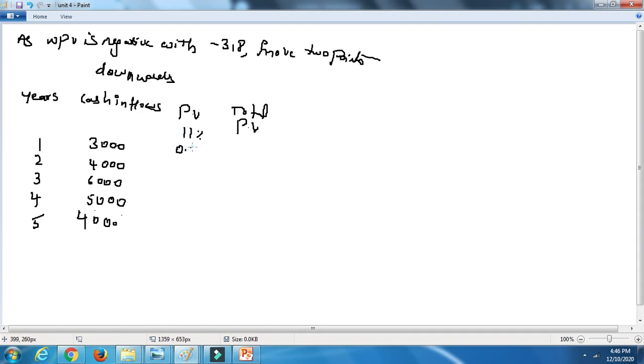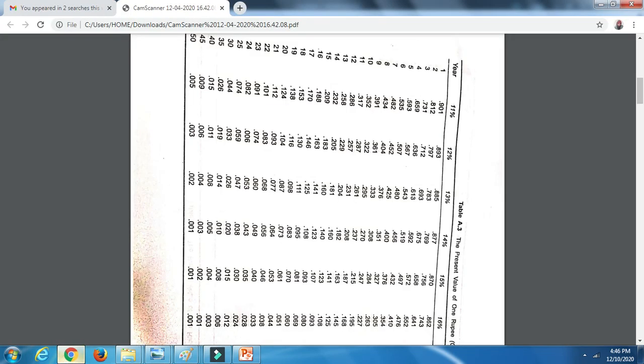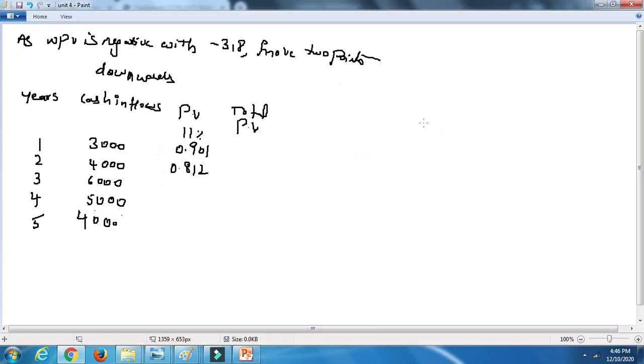You are going to get 0.901, 0.812, 0.731, 0.659, and 0.593. You need to take all those values.